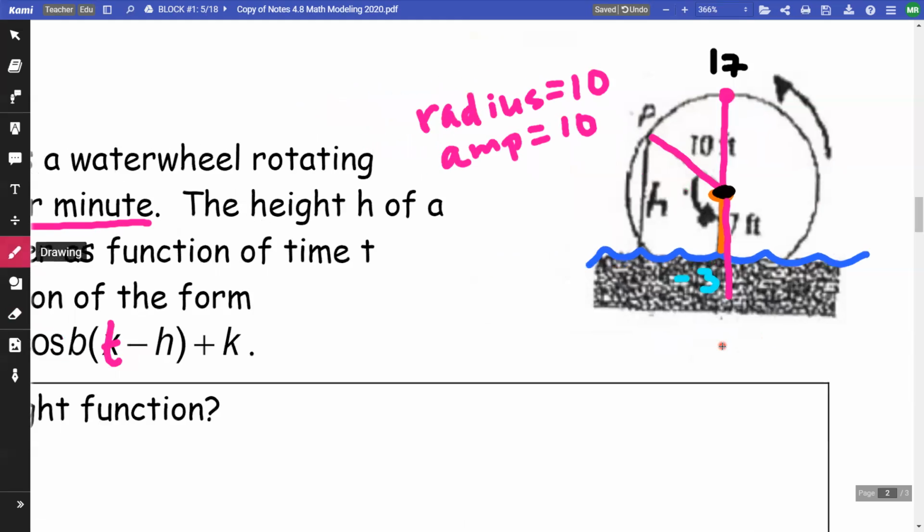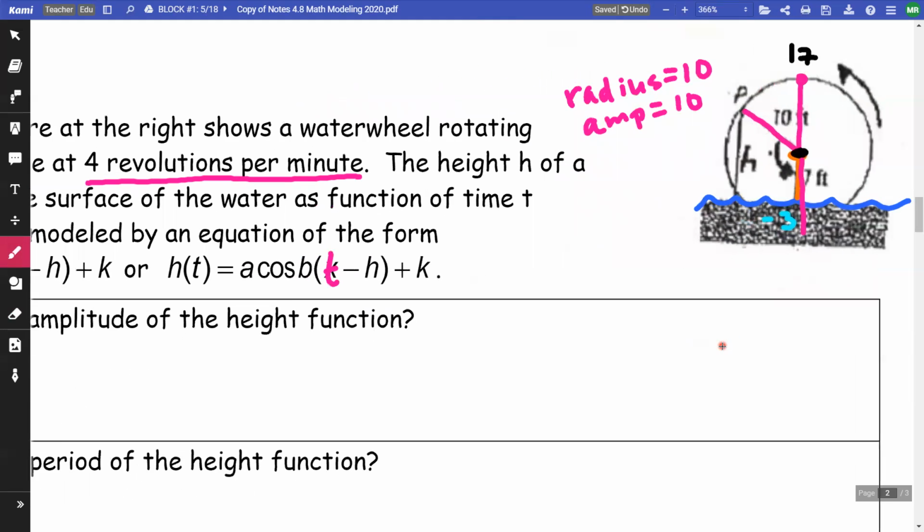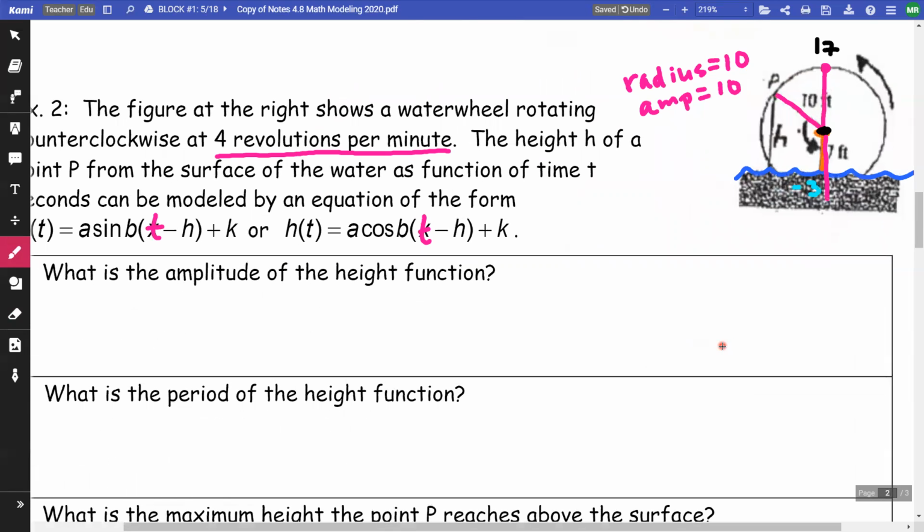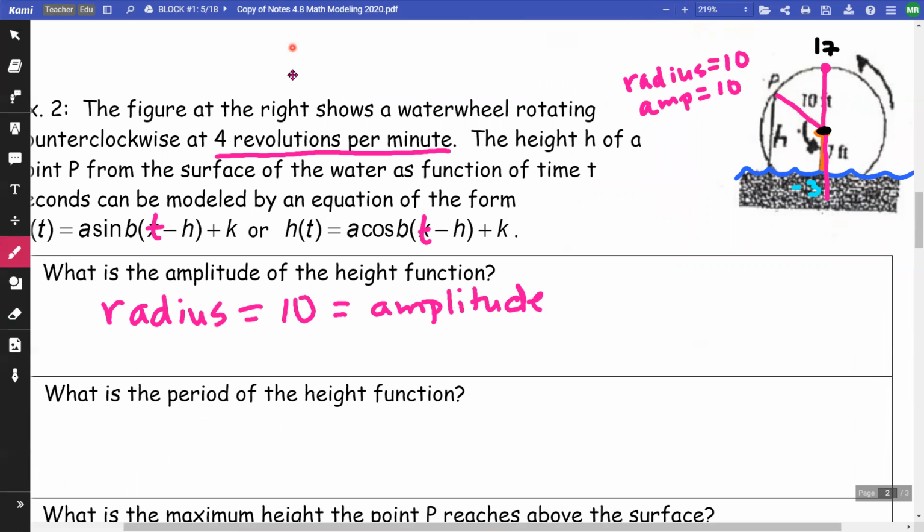So it says what is the amplitude of the height function? Again, amplitude is going to be our radius, equals 10, which equals our amplitude. The period.